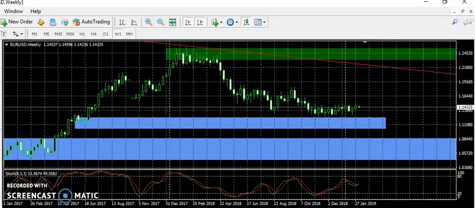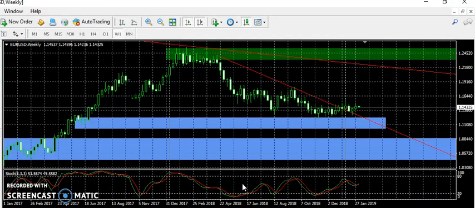So we have our weekly here, and we can see that the weekly was in a downtrend, but things changed, our downtrend was broken. So it tells us that the bearish momentum is indeed slowing down.